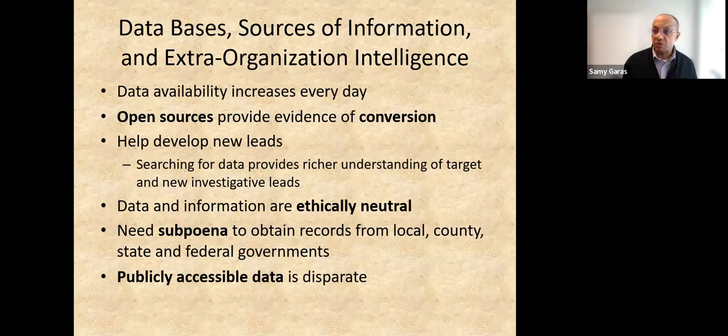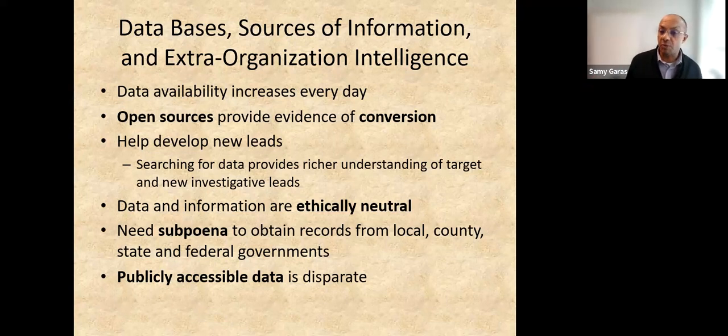So there are open sources that can provide information to the examiner, and the data and the information are ethically neutral, which means the data, either in the net worth method or the bank statement method, do not tell me any accusation or any justification for what the criminal person has done. It's just neutral. What we need to do is make some analysis of this information to come up with a case to be presented in court.